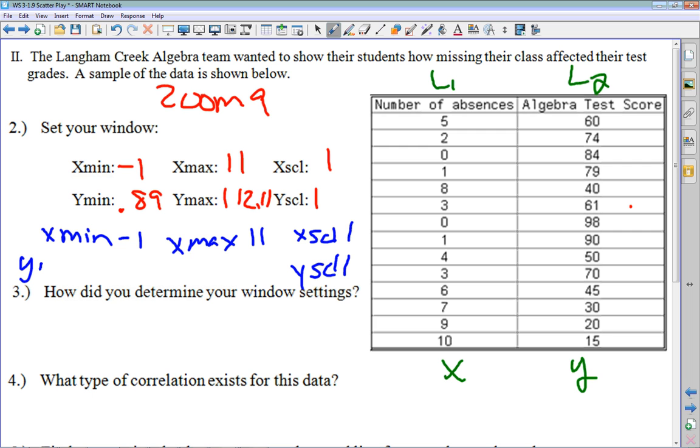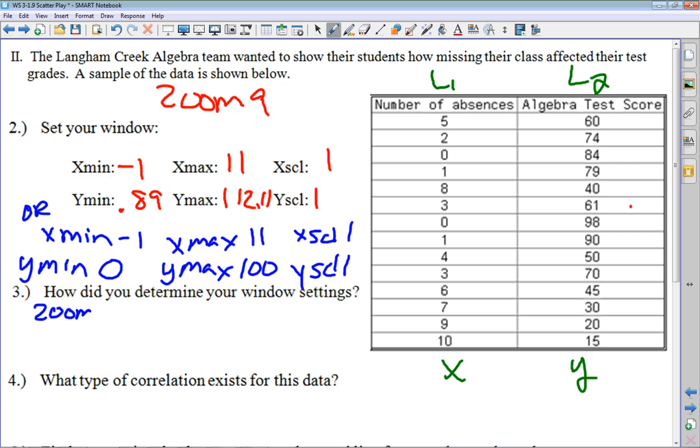So now we've got y minimum. What's my smallest y number right here? Well, it's 15. It could be any number smaller than 15. I probably would use 0. Y maximum, the largest y number. Where is it? 98. I would probably go up to 100. Okay. Either one of these is good. How do you determine your window settings?